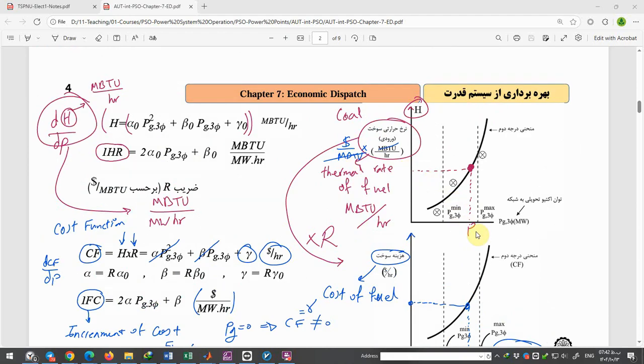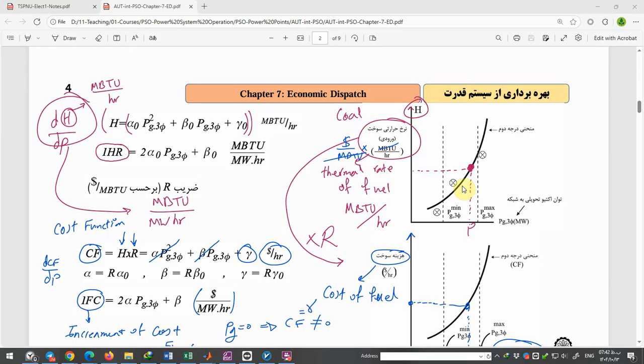And after that, we discussed how much fuel or energy you want to produce or supply active power. For example, these curves should be given by the constructor of the power plant.